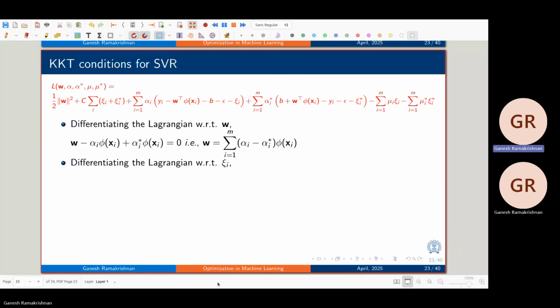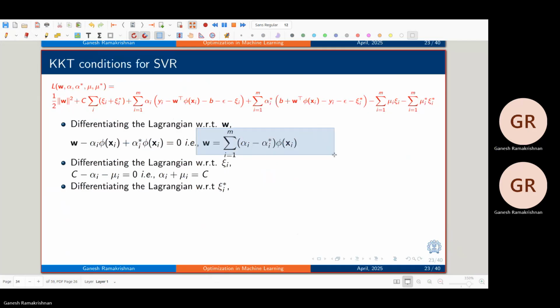If you differentiate, it's very interesting. The first gives you W as a linear combination of the phi xi's. The second says that alpha I and mu I should sum to C. The third says with respect to Xi star, alpha star and mu star should also sum to C.